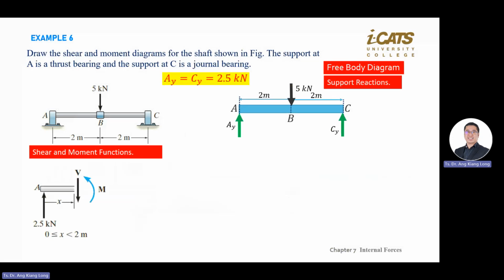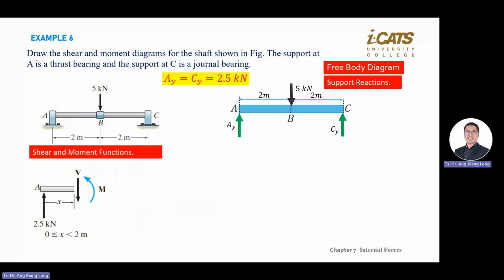So you draw a left-hand side corner, label A, and then give a positive direction of X, which is to the right, from this force AY. Your X will adjust from here to here.